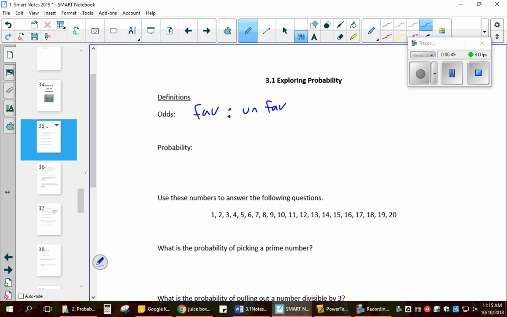Favorable to unfavorable. And probability will usually be written like a fraction, favorable over total.